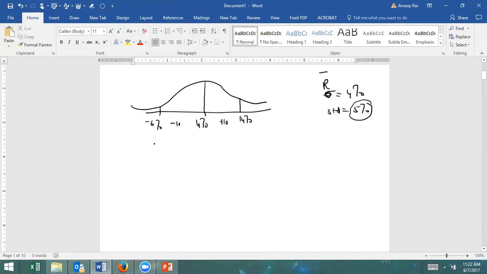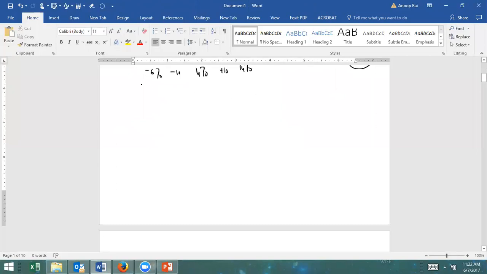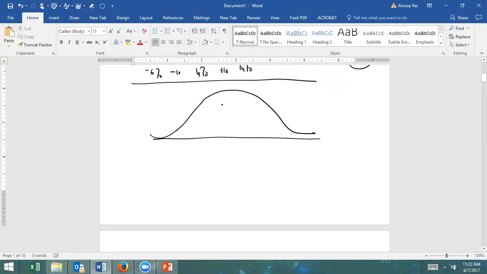Now, just to refresh your memory, if grandmother said, no, 95% is not enough, I want 99% confidence levels. Well, then how many standard deviations do we need to go? We need to go 3 standard deviations, plus or minus.